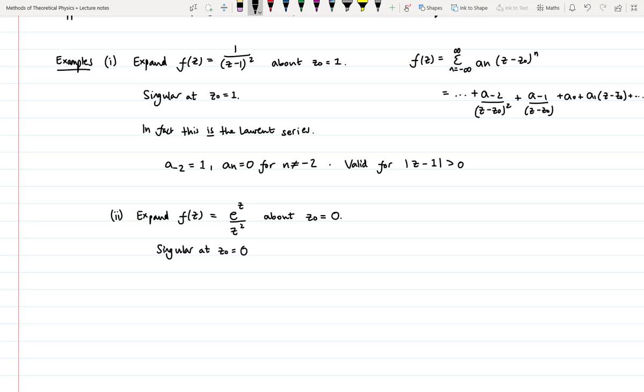And the way we're going to approach this is we're going to substitute in the Taylor series for e to the z. You'll recall that that is the sum from n equals 0 to infinity of z to the n over n factorial. You'll also recall that this is valid for all z. And that's because the exponential function is an entire function.